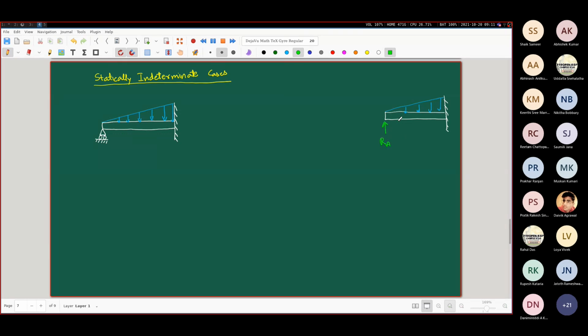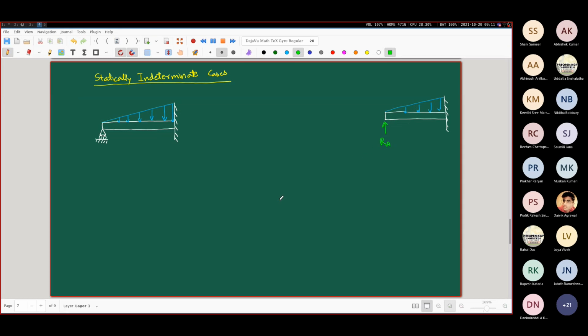Usually, if this had to be a statically determinate problem, the value of this RA would be known to us beforehand. It would be given to us. But in this case, RA is not known to us. That is the only problem. If RA is known to us, then this is a straightforward problem. Take the moment at any cut section and just proceed. Usually you will get the answer.